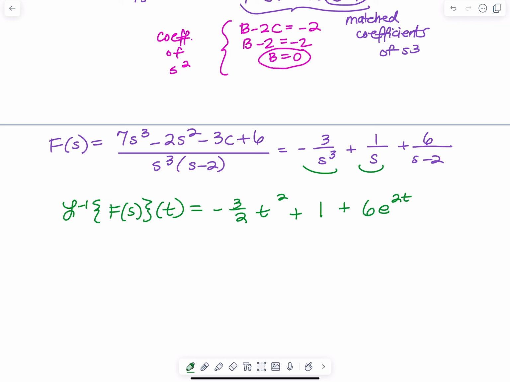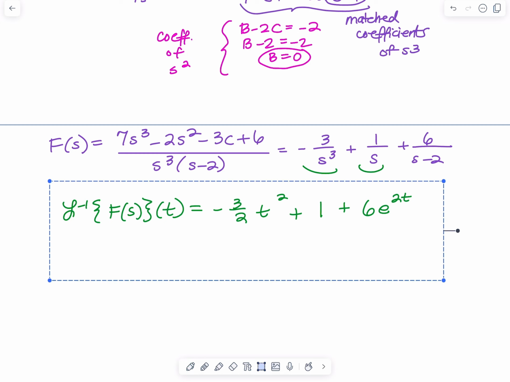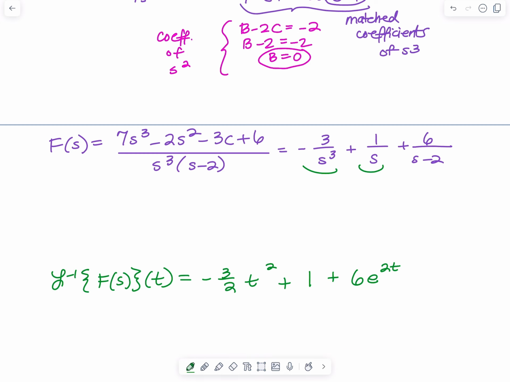So let's write a few details here. We have that f of t equal to e to the at has the Laplace transform of 1 divided by s minus a. So you can see here that we have a equal to 2. And then by linearity, we will have this 6 here. So this is e to the at, which is what we did here.